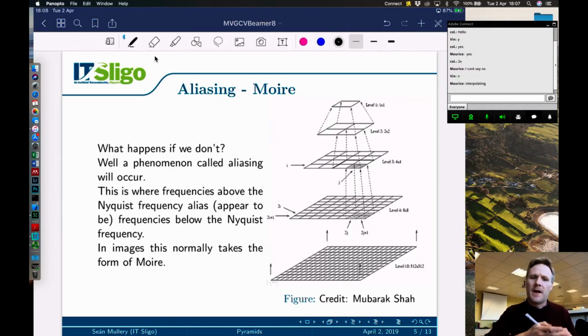Aliasing itself, probably the easiest explanation that everybody is familiar with, is actually not sampling in the spatial domain, but sampling in the time domain. So when a film camera is filming, it's normally filming at about 24 frames per second, and that's not a very high frame rate. So if something is moving in the image faster than half of that, we get a problem in that it appears to be doing something else.